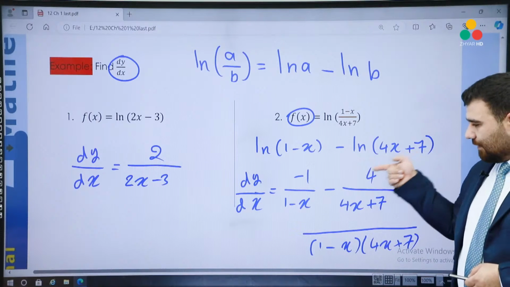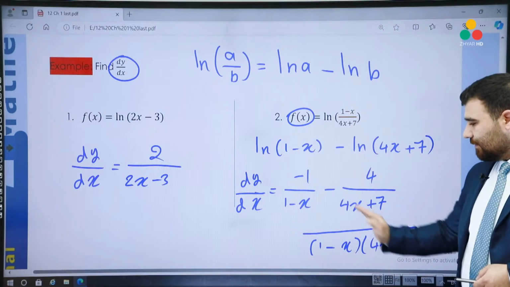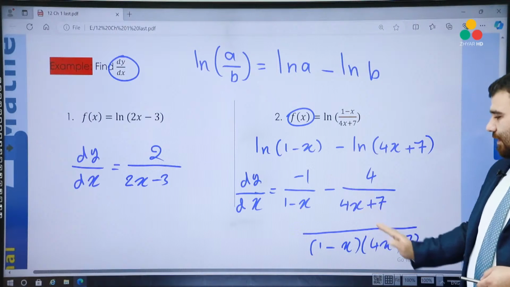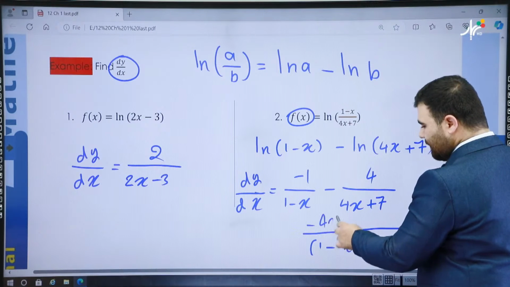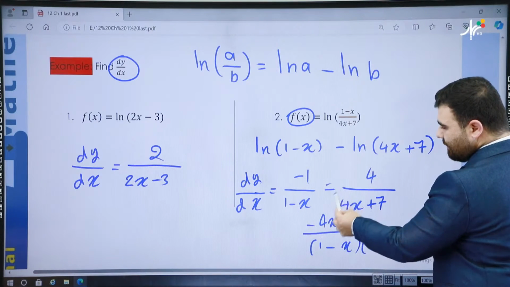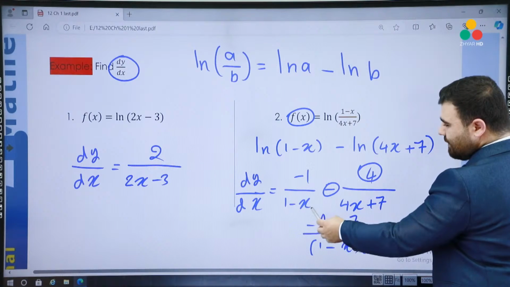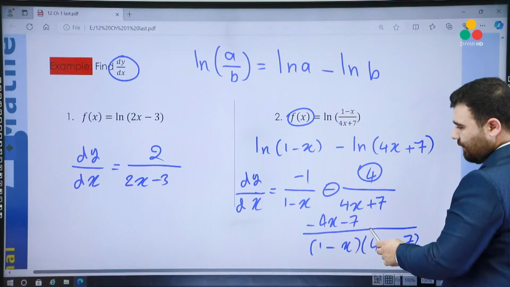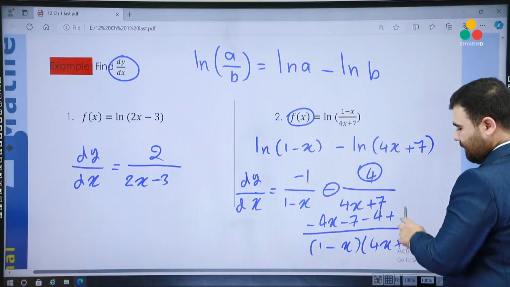Now we should multiply 4 by 1 minus x, and we should multiply 4x plus 7 by minus 1. 4x plus 7 times minus 1 will be minus 4x minus 7, and this minus goes only with the 4. Now 1 minus x times negative 4 will be negative 4 plus 4x.